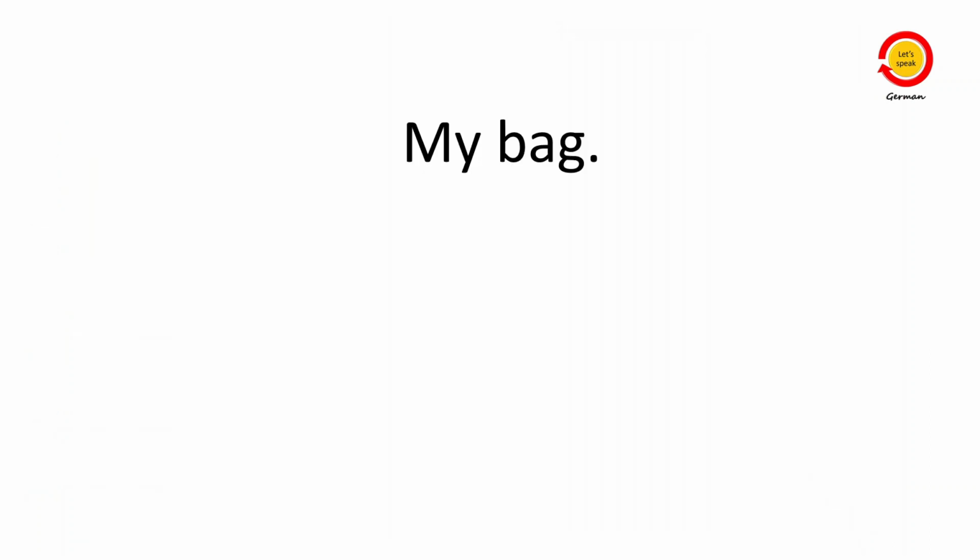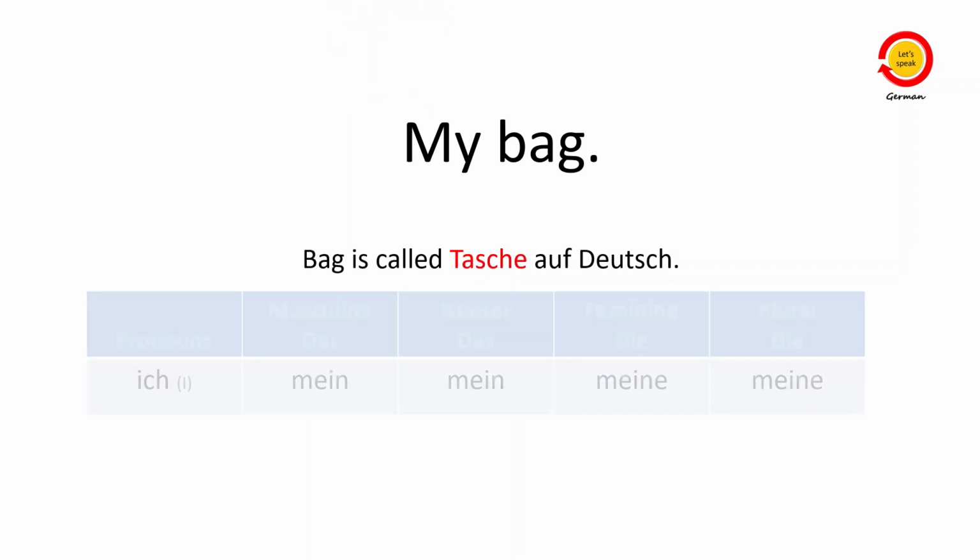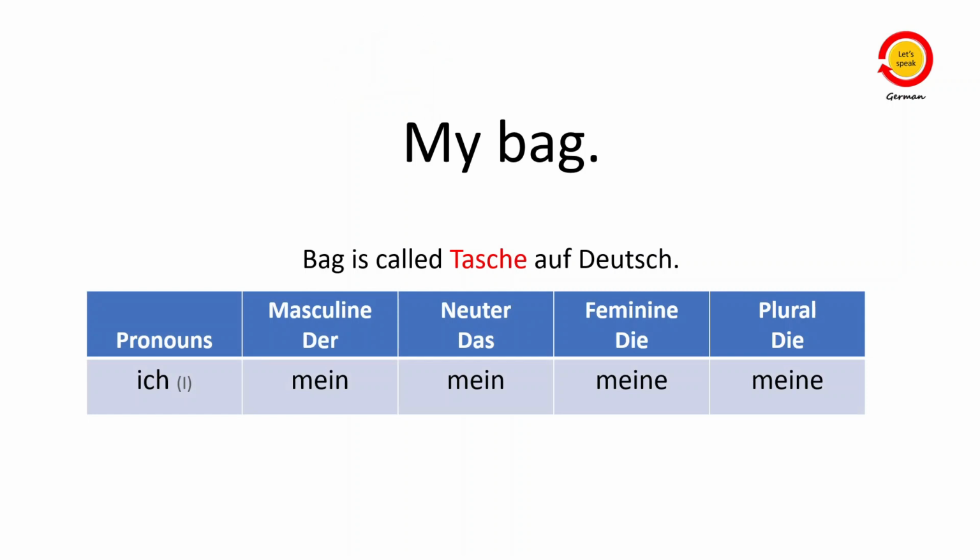My bag. Bag is called Tasche auf Deutsch. Tasche is feminine and my corresponds to the pronoun ich. So from the table, the feminine possessive pronoun of ich is meine. Therefore, meine Tasche.